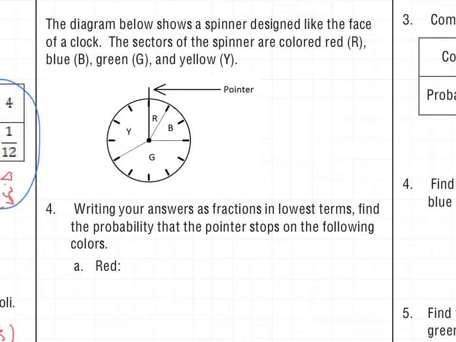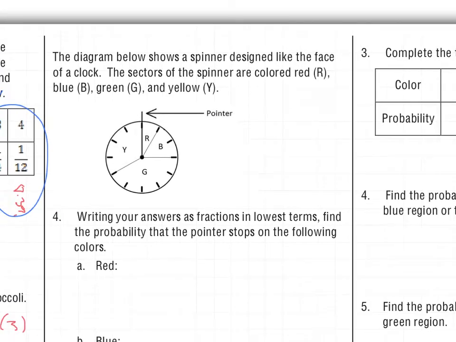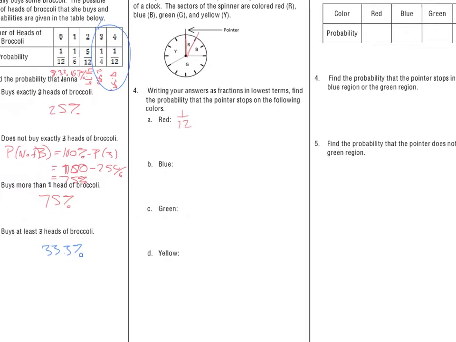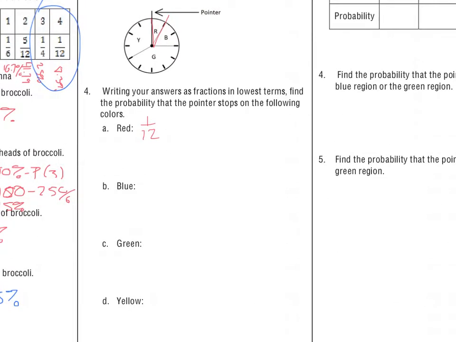The pointer stops on the following colors. So we can see that red over here takes up 1 section of the 12. So the probability would be 1 out of 12. Go ahead and figure out for me, and then come back and check in. What are the probabilities of the other 3 colors? So the probability of the blue would be 2 out of 12.